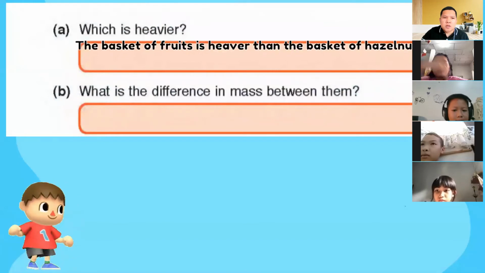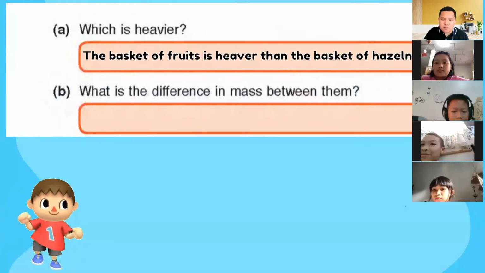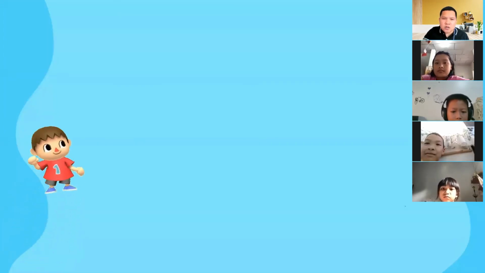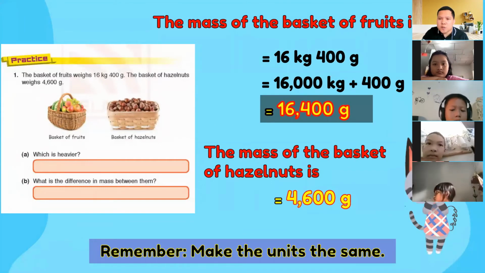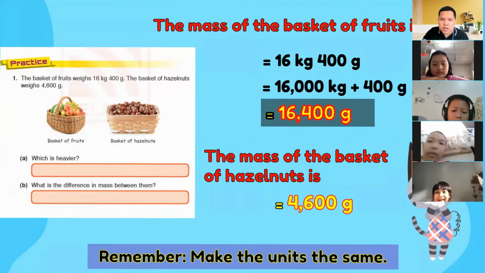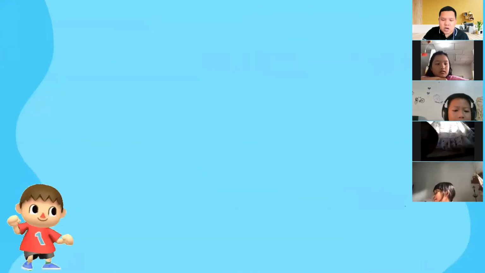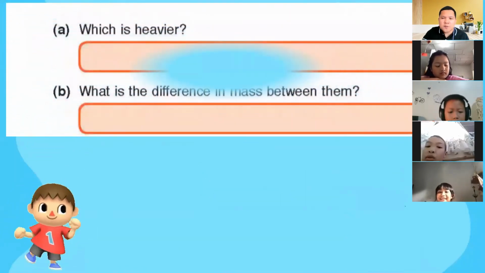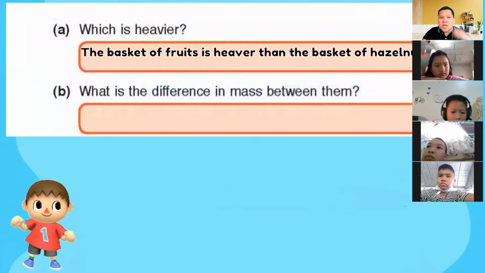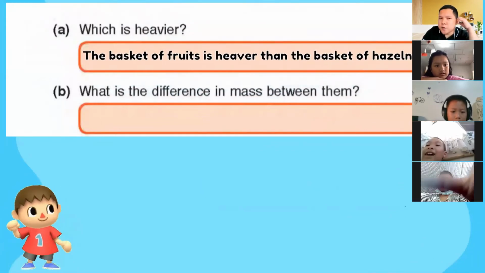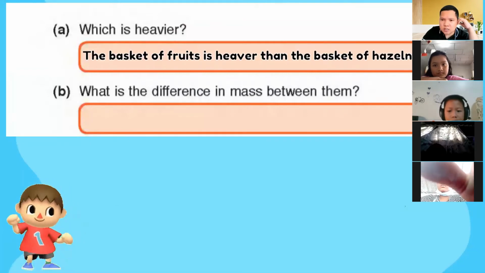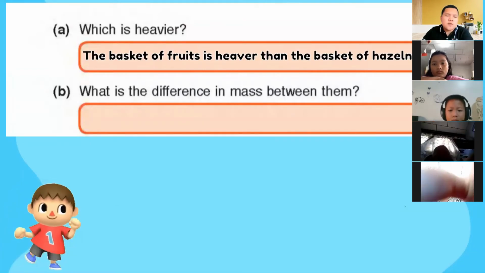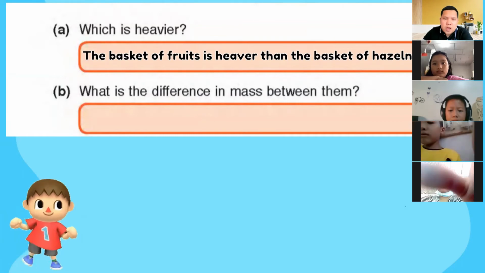Okay. So as you can see, it's very easy. When you solve this one here, the basket of fruits is heavier than the basket of hazelnuts. So your answer for letter A will be the basket of fruits is heavier than the basket of hazelnuts.